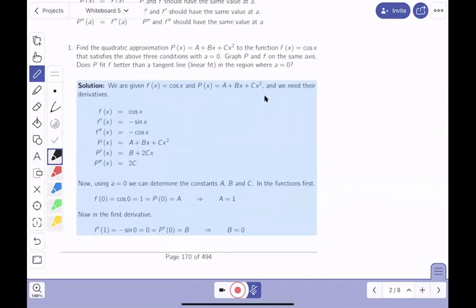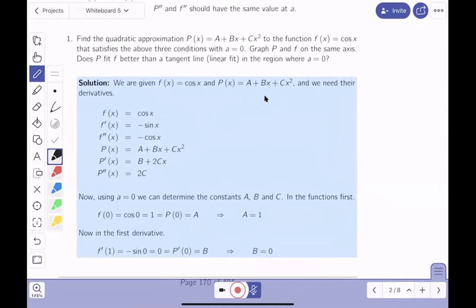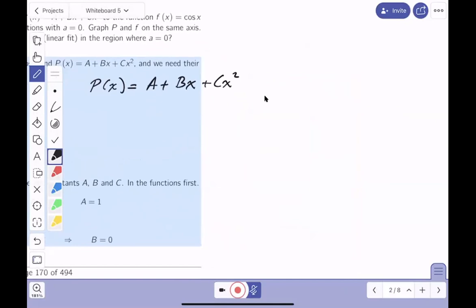I have to read it to you. It says, find a quadratic approximation, p of x equals a plus bx plus cx squared. I think I should write that down. And they want this to be an approximation of the function f of x equals cosine x.